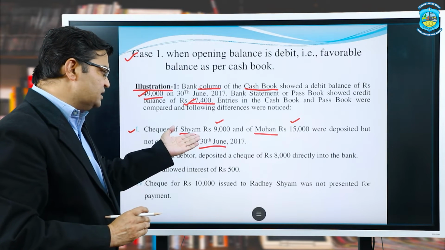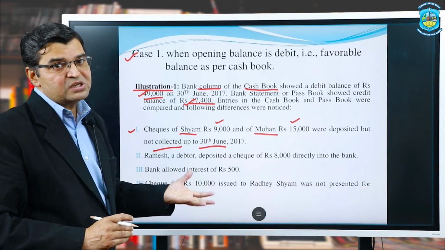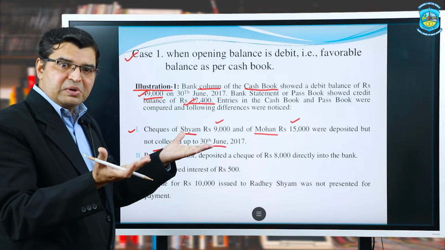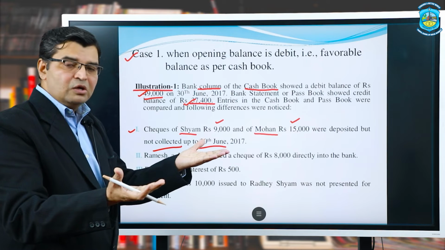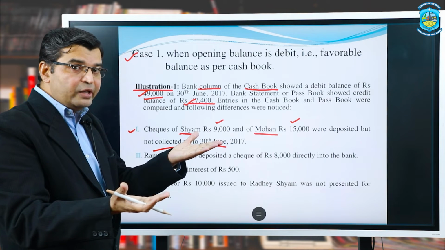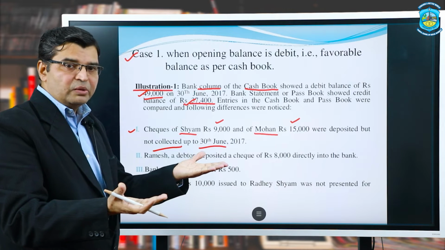When we received these checks from both the debtors, we must have increased our cash book, but our passbook has not been increased by our bank.